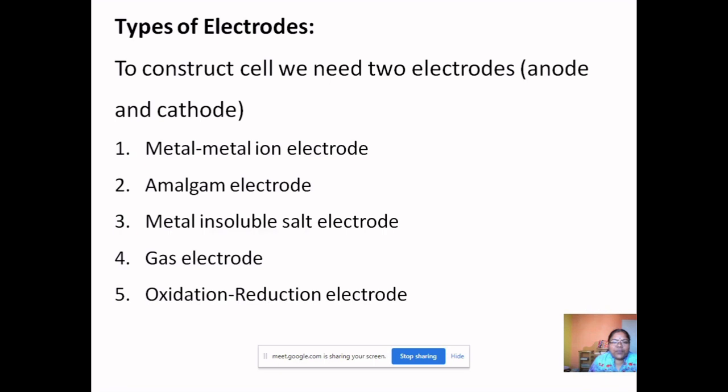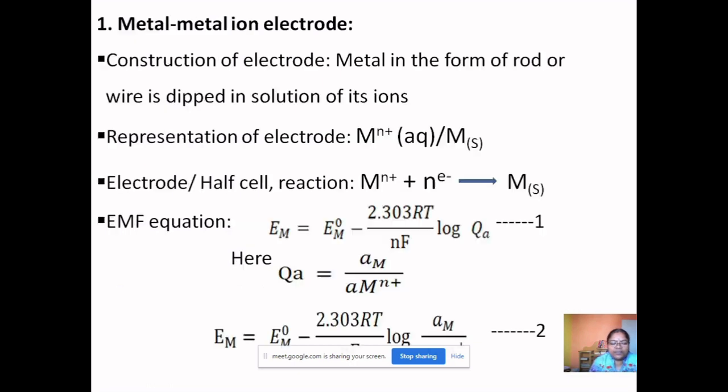Gas electrode, gas in contact with solution. And the oxidation reduction electrode, that is a solution which has ions in 2 different oxidation states. So while observing in detail, we'll see how these are constructed.